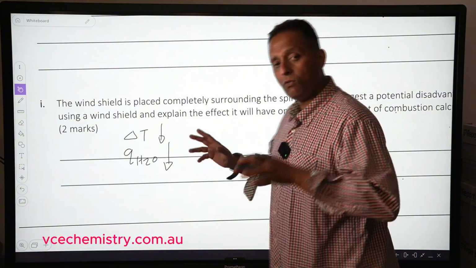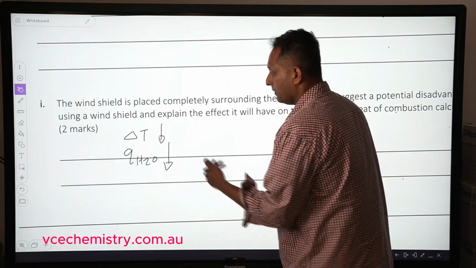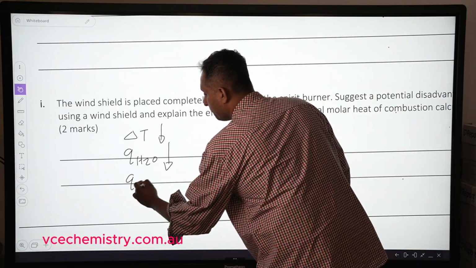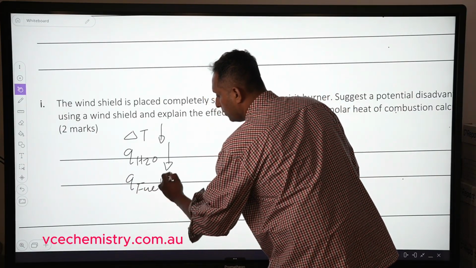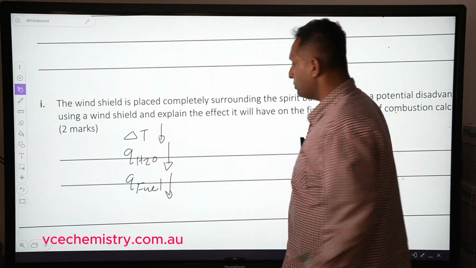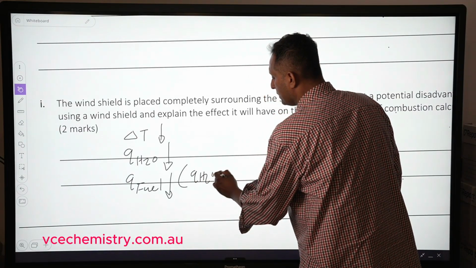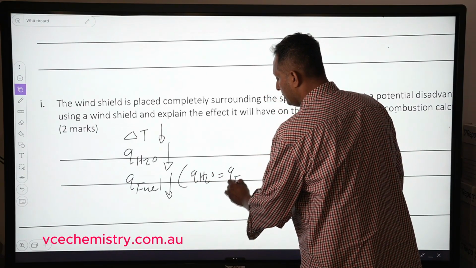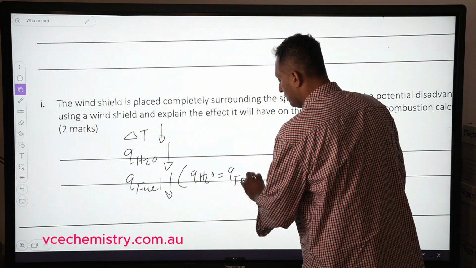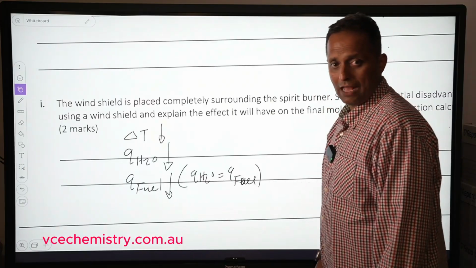the value for the Q water is going to be lower. Therefore Q fuel is also going to be lower, because in this calculation we make an assumption. What is the assumption? Q water is equal to Q fuel. So now we have a lower Q value for the fuel.